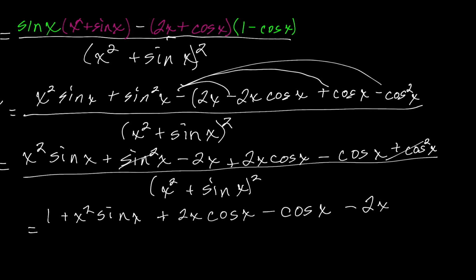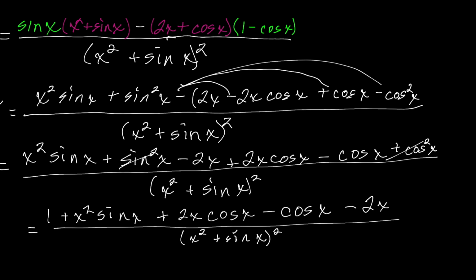Minus 2x, and this is all over the denominator of x squared plus sine of x, quantity squared. The only other possibility is some people may factor this cosine x out, leaving you with, let me just show you what it would be. If you factored out the cosine of x, you would have left 2x minus 1, but that doesn't really do much of anything for me as far as factoring, so I would just leave it as this. All right. That is the last example for today.